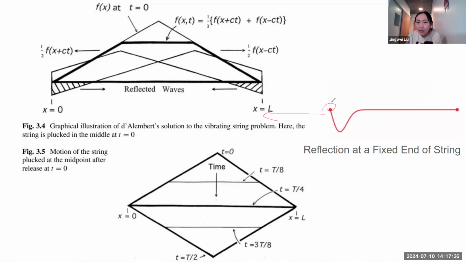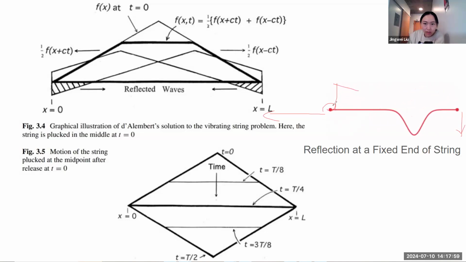But why, when it reflects back, does it change direction? So now it's here, but now it's reflected back, from down to up, and here from up to down. So it changes its direction when it reflects at a fixed node or a fixed wall.